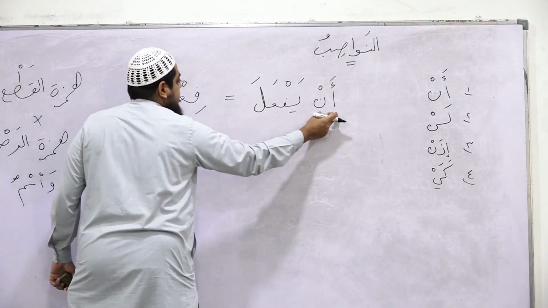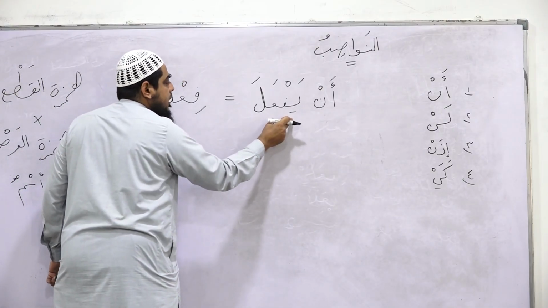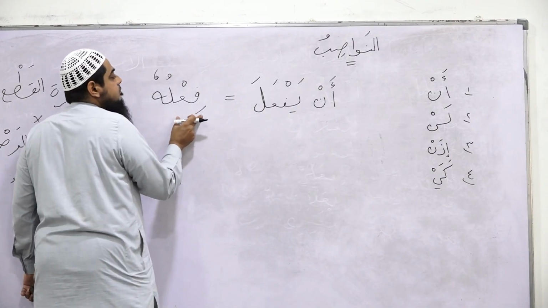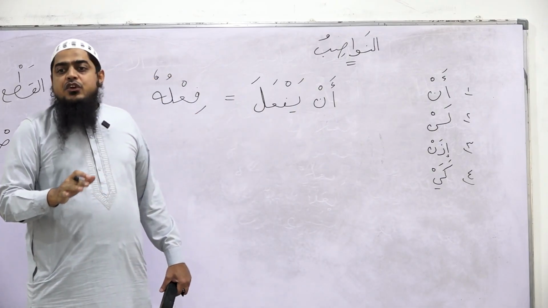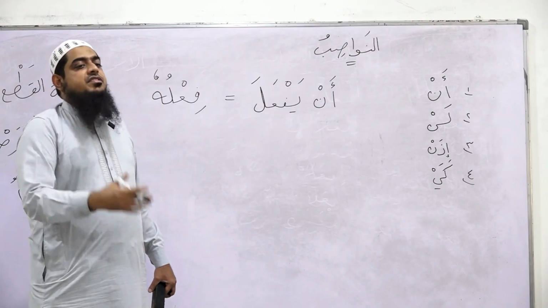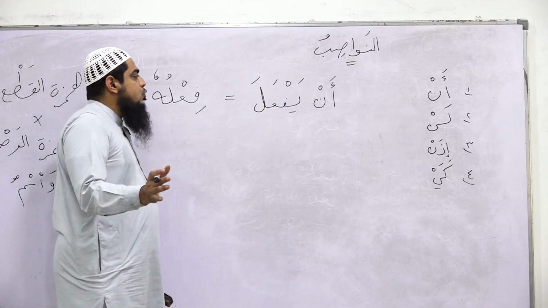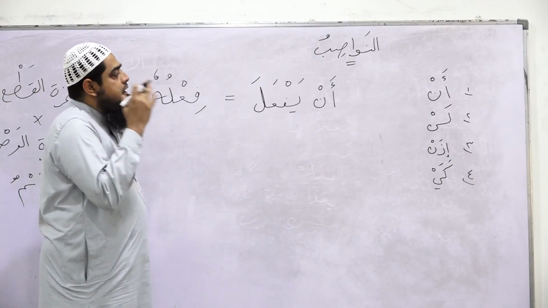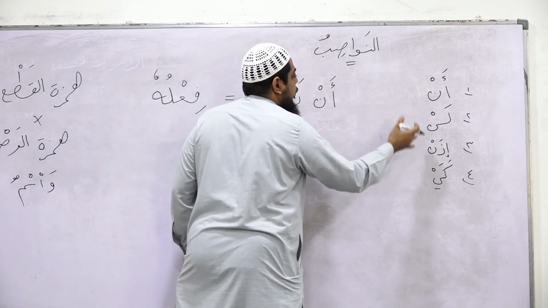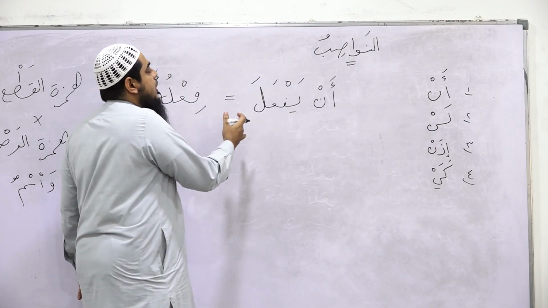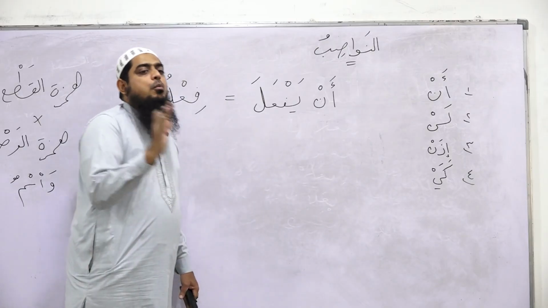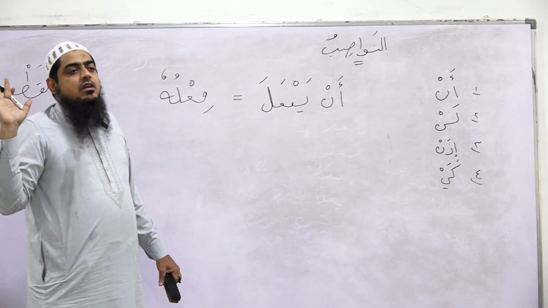This an makes this fi'l mudari' into masdar. Now the question comes, what is masdar? That we will see later, inshallah. Right now, just keep in your mind that these four letters or hurufs come before al-fi'l al-mudari' and give nasb to fi'l al-mudari'.